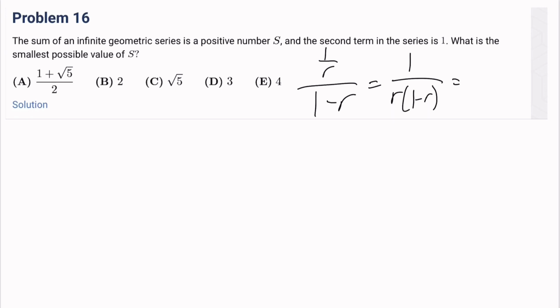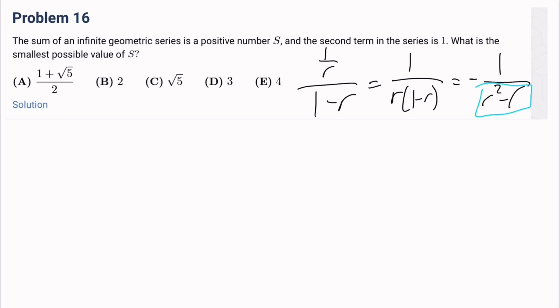Actually, let's make this negative 1 over r squared minus r. Since we have a negative, and we want to make the whole thing as small as possible, we have to make this as large as possible.